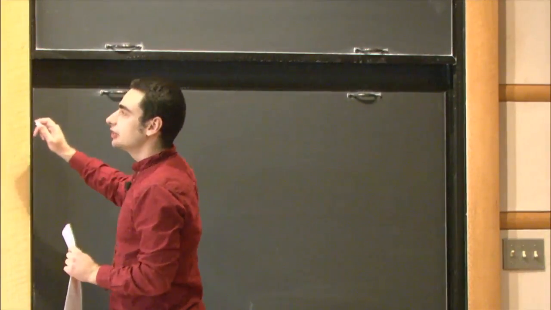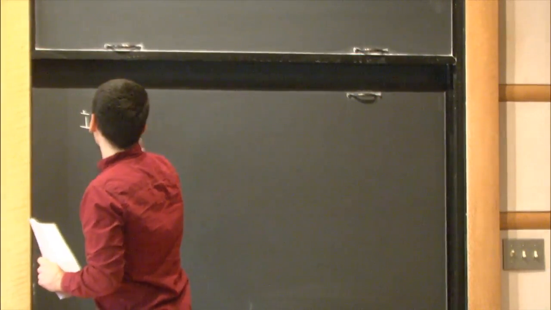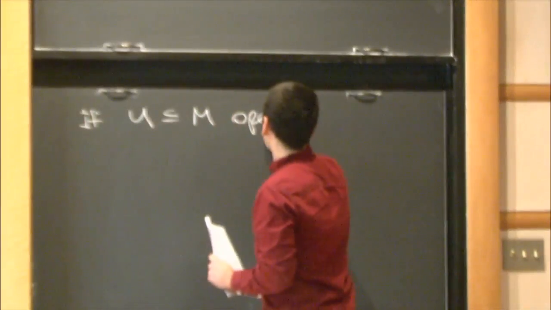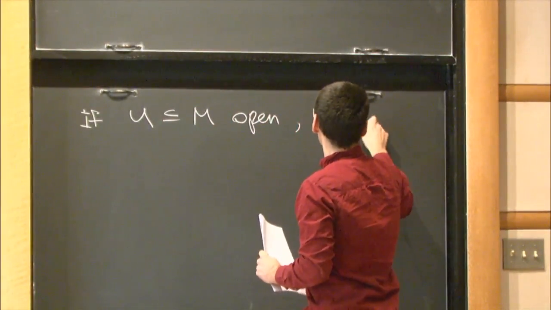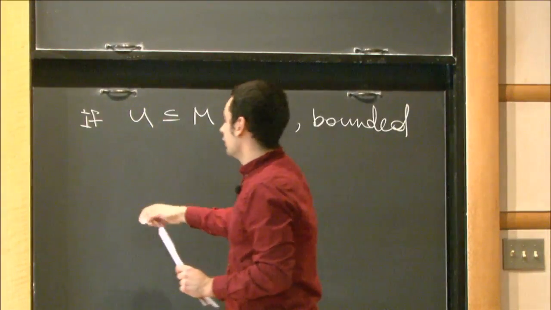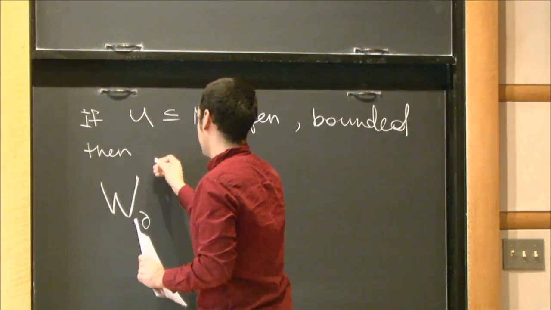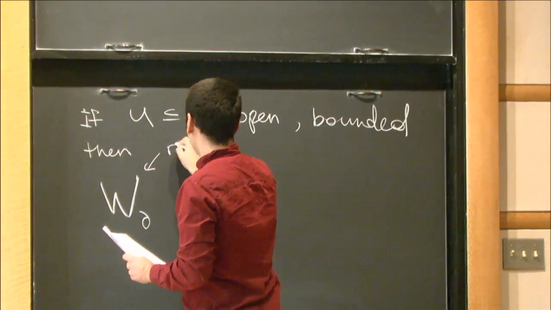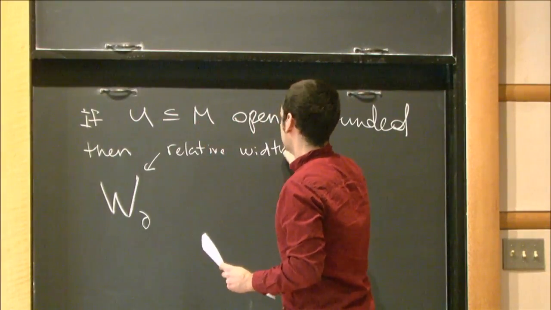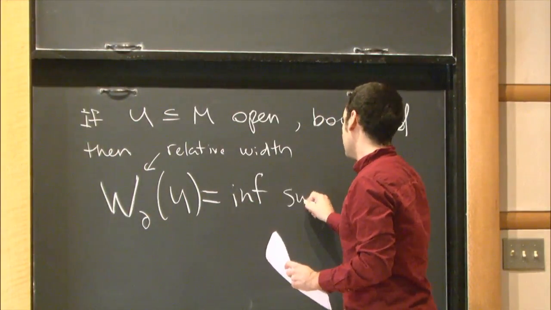So the notation that I will need is the following. If U is some open and bounded subset of our manifold, then we will define something called the relative width of the set U to be the following quantity.